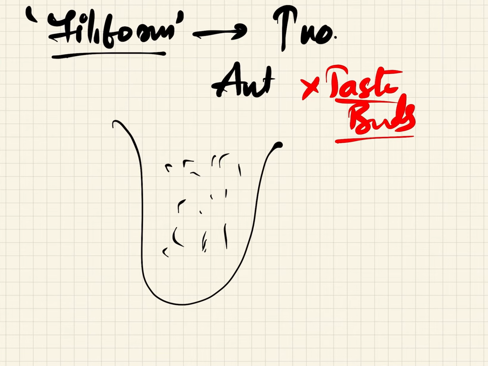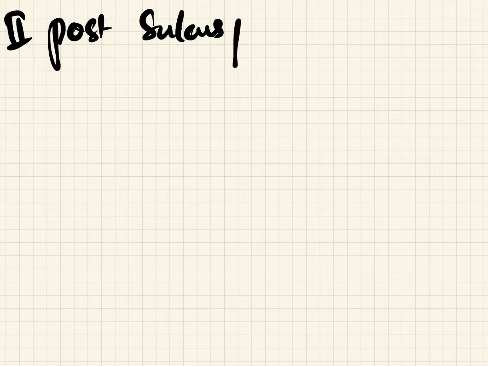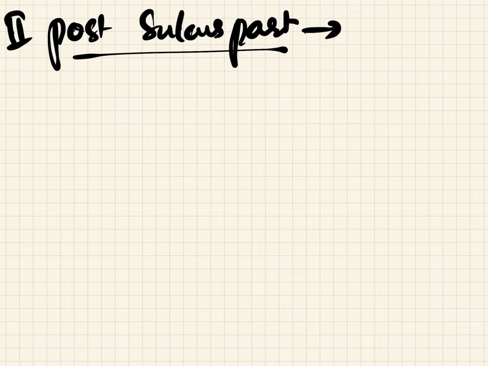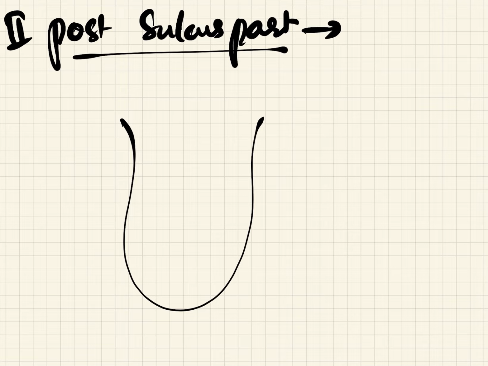Now let's go into the post-sulcus part. What about this post-sulcus part? The post-sulcus part is the one present behind the sulcus terminalis. Here the mucous membrane is attached to the underlying muscles by loose connective tissue.